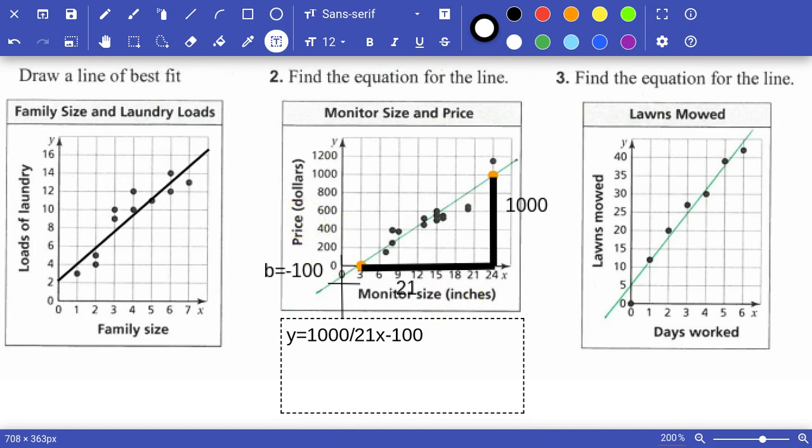So I'm going to actually divide 1,000 by 21 because it makes more sense to have this on there like that. So y equals 47.6x minus 100.